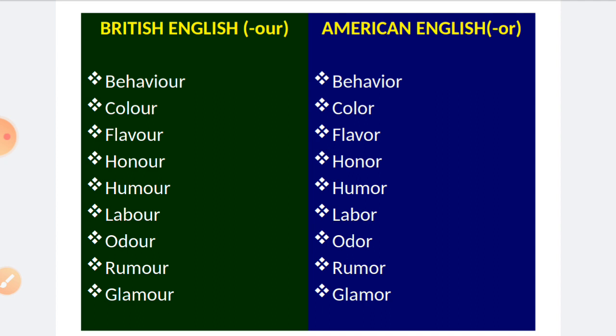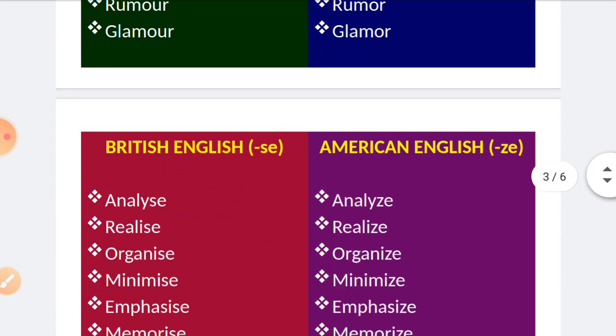The similar pattern is also seen in words like flavor, honor, glamour, and so on. So the words ending in OUR in British English are replaced with simple OR in American English. Do remember, that's the very first orthographic difference between British English and American English.